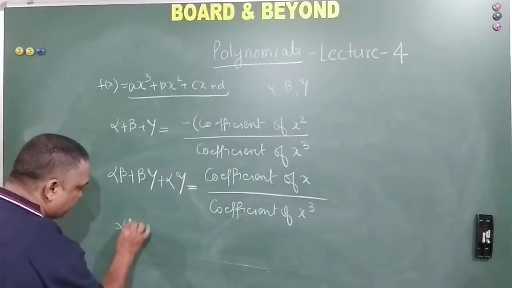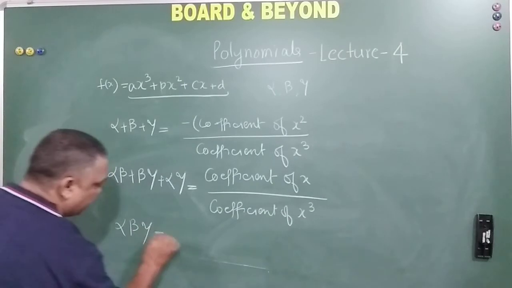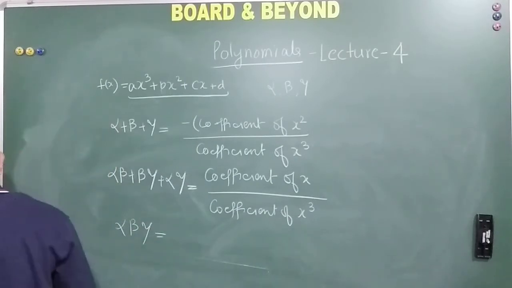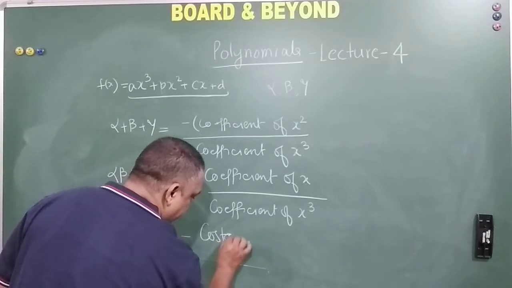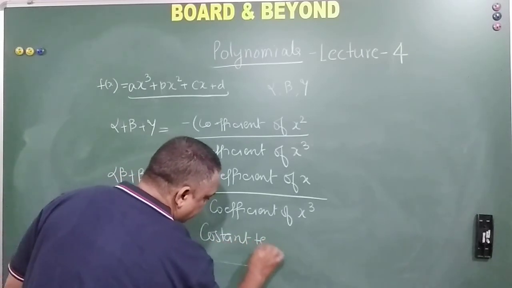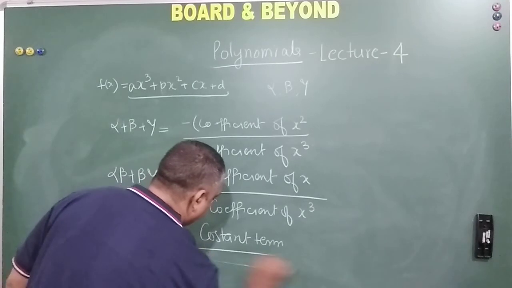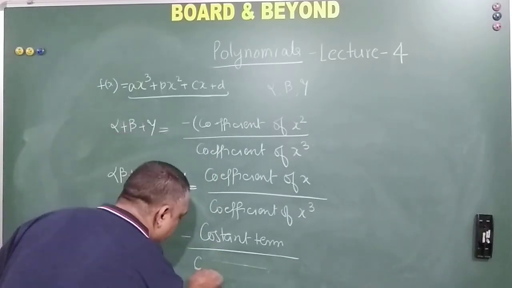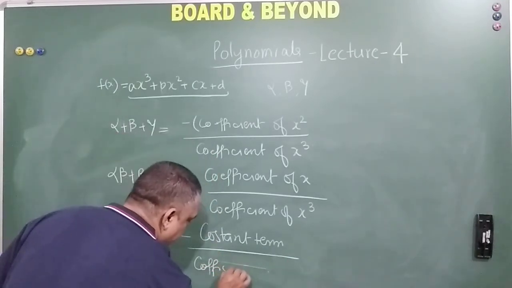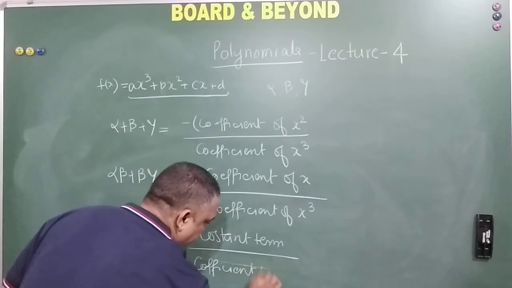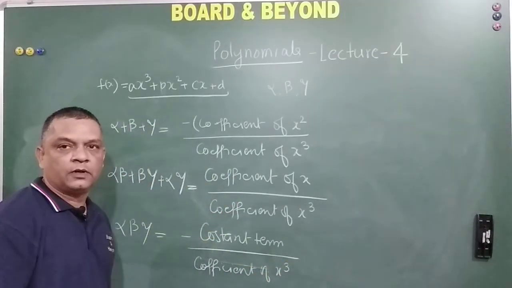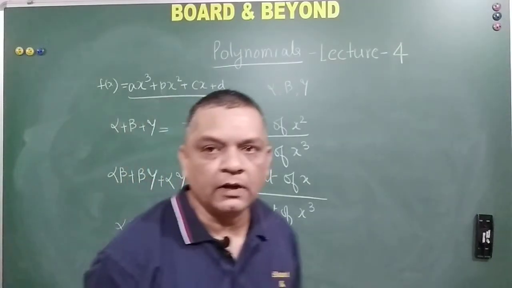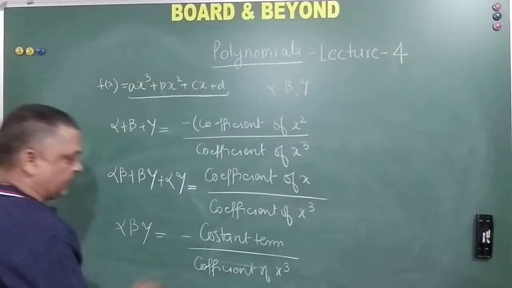Now the product of the roots, alpha into beta into gamma, is equal to minus of the constant term divided by the coefficient of x cube.